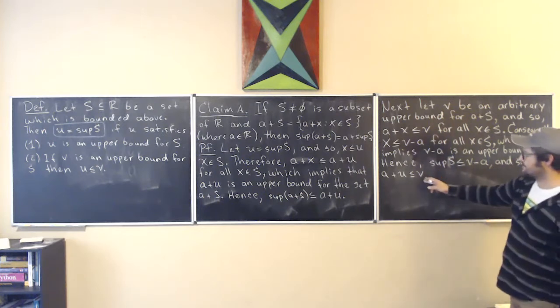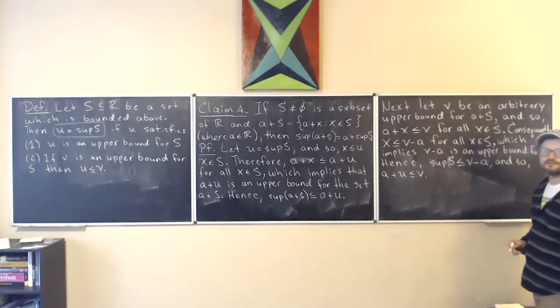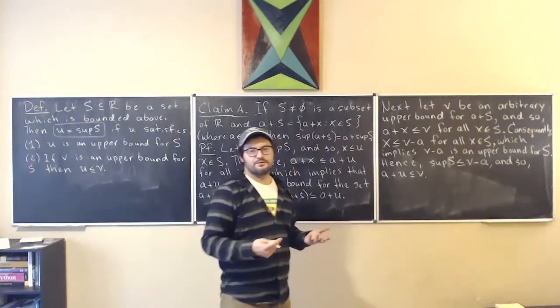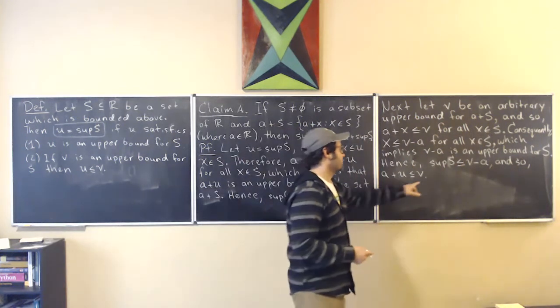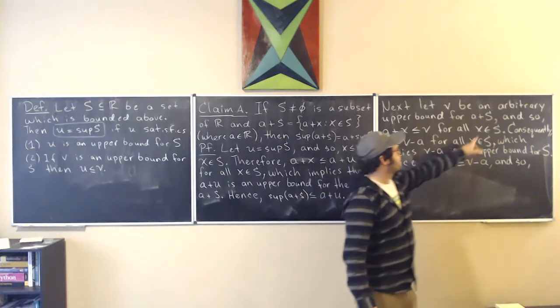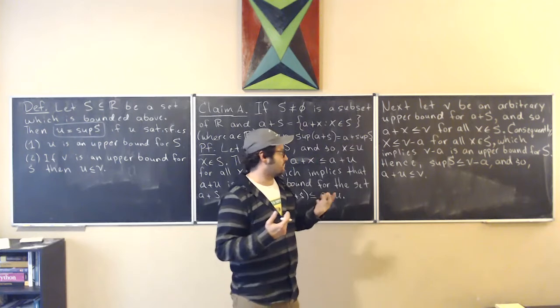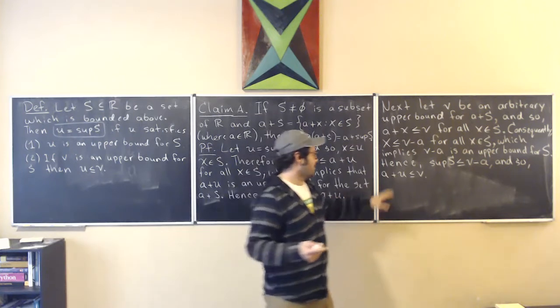Since V was an arbitrary upper bound for the set A plus S, and we chose that arbitrarily, we can just choose V to be the supremum.